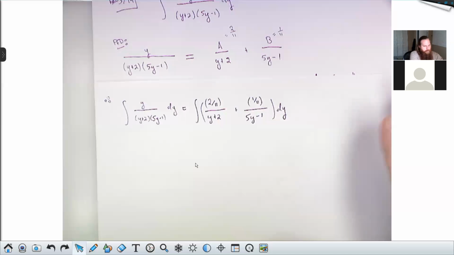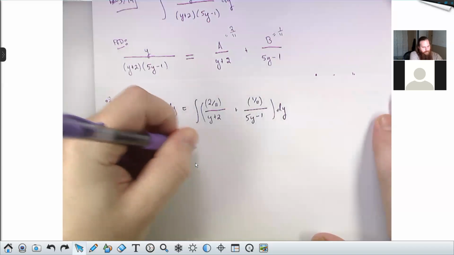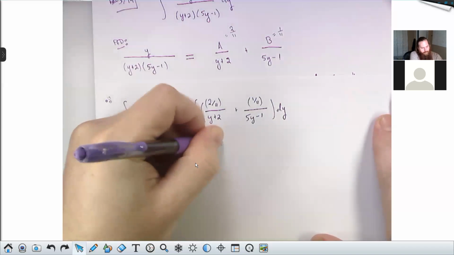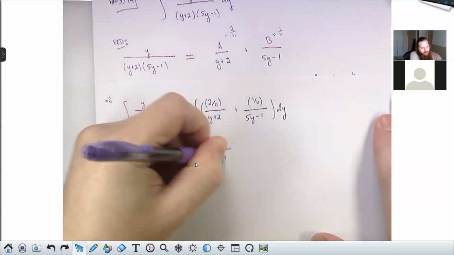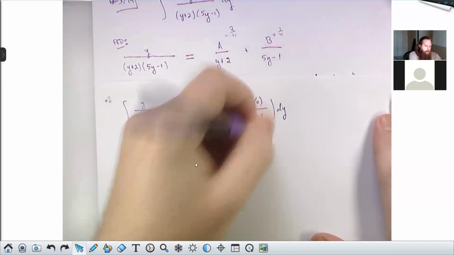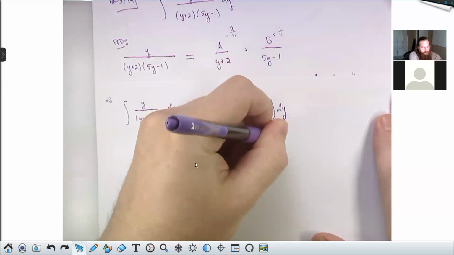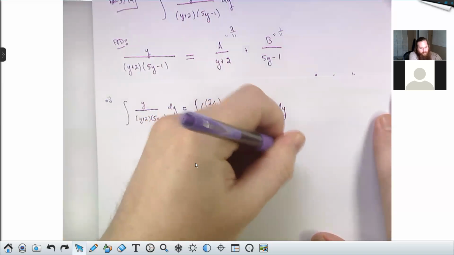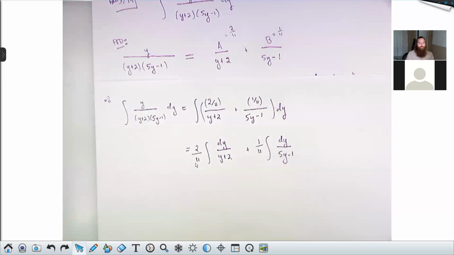And then we split up the integral. This is 2/11 times the integral of dy over y plus 2, plus 1/11 times the integral of dy over 5y minus 1. And each of these integrals is fairly trivial.